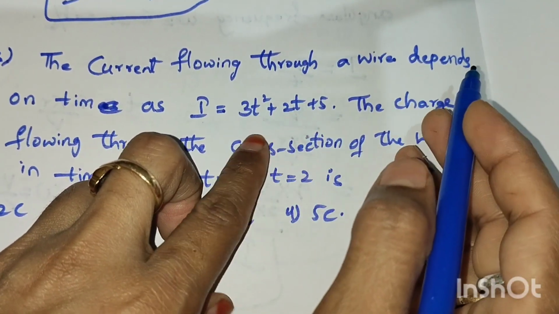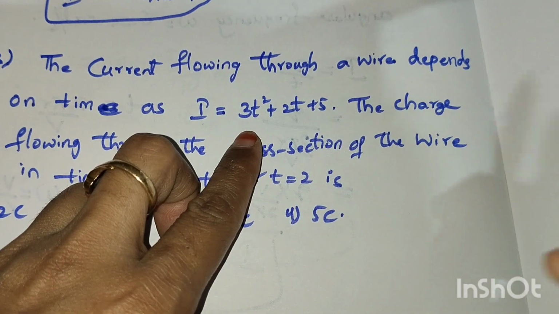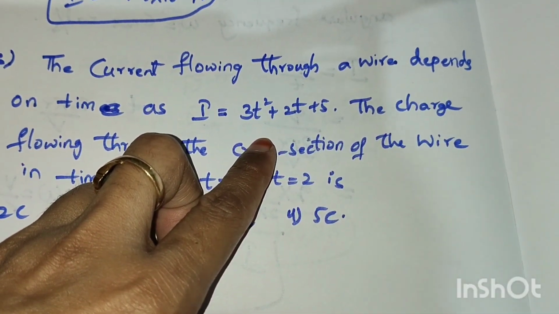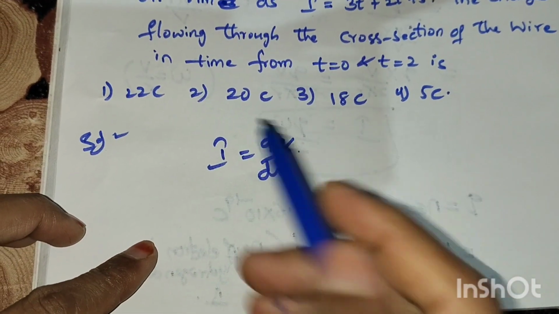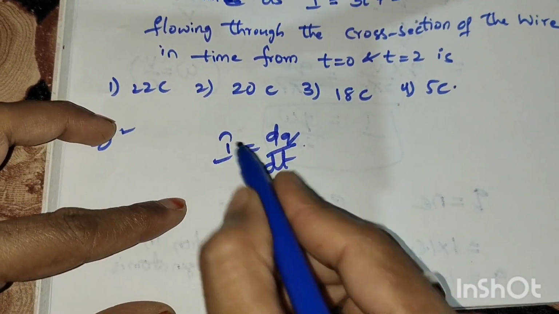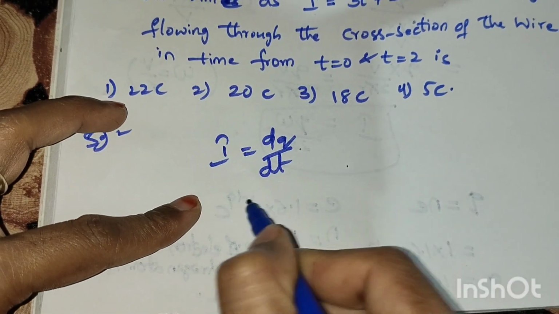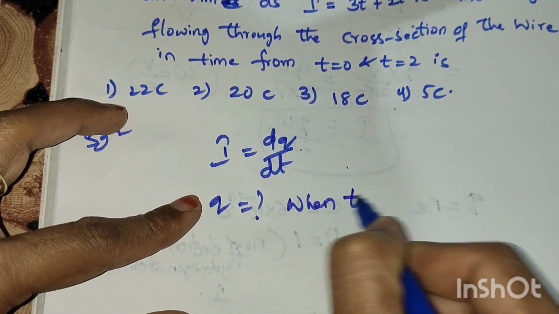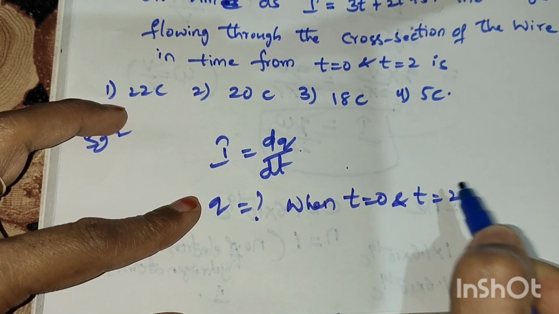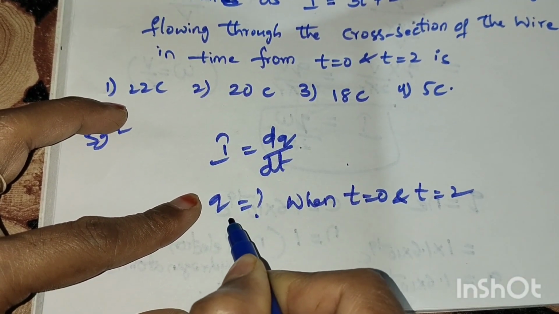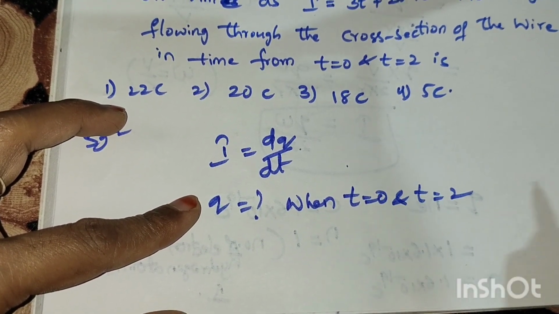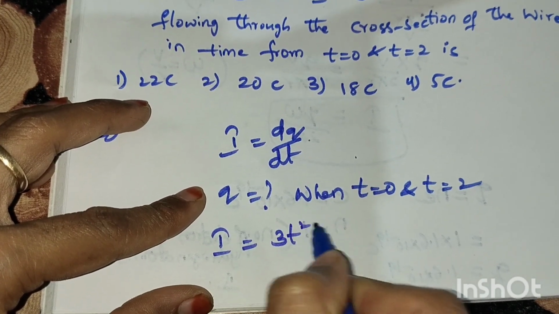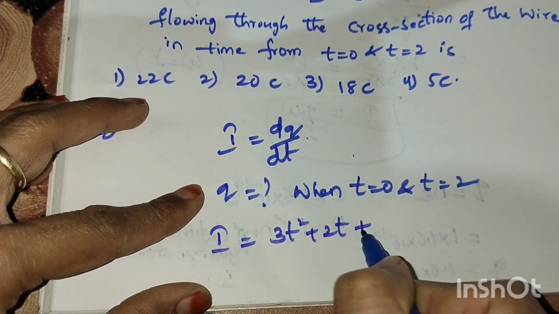When the current is given in the form of time, or charge is given in the form of time, you should take the formula as I equals dq by dt. So what we want here is q, when t equals 0 and t equals 2, and they have given current as 3t square plus 2t plus 5.